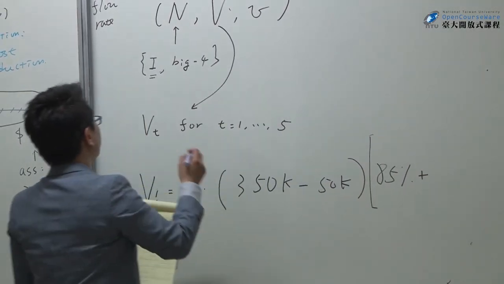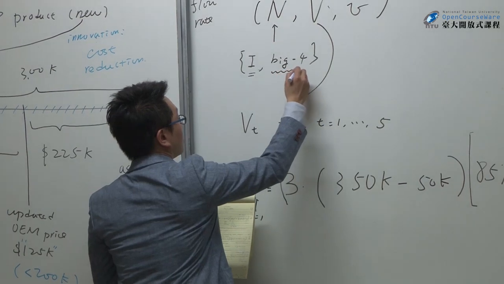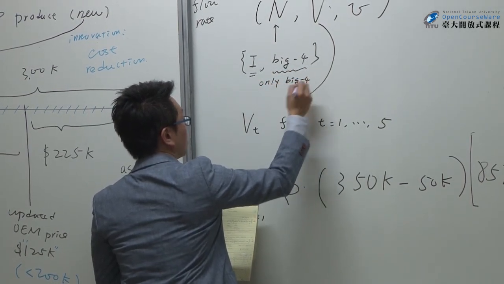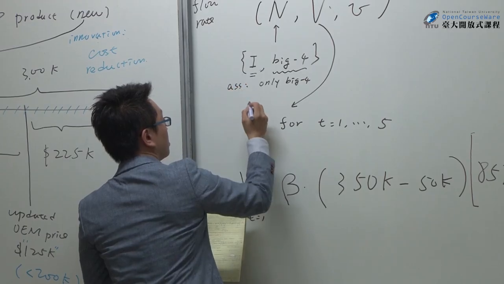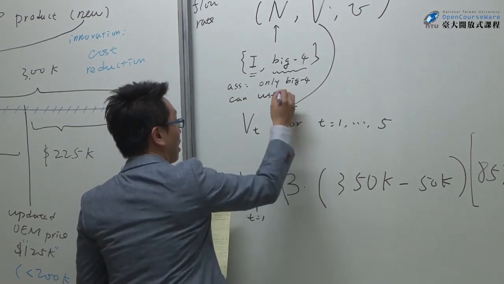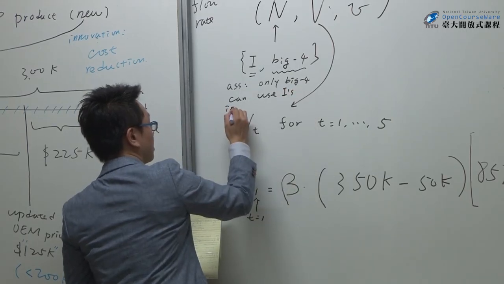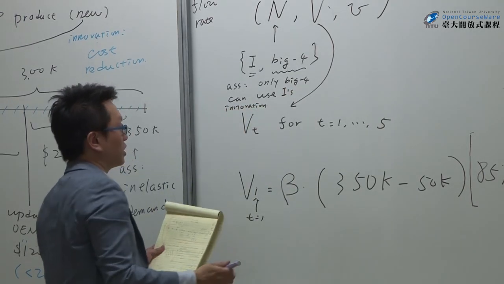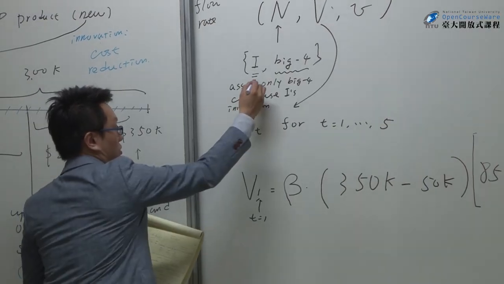I make an assumption: only Big Four can use the innovation. So that's why I do not consider other producers.